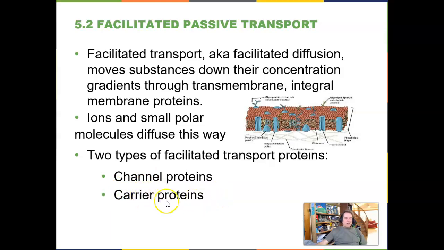It kind of rolls in, rolls out to move things across the cell membrane down their concentration gradient, and that's a carrier protein. It is much more selective. Think of a super complicated, soft, floppy, revolving door, where only certain things could fit into the flaps of the revolving door. Whereas a channel protein is very much just like opening a door. Open the door, anything that fits through the door goes through, and then when you close the door, it's closed.